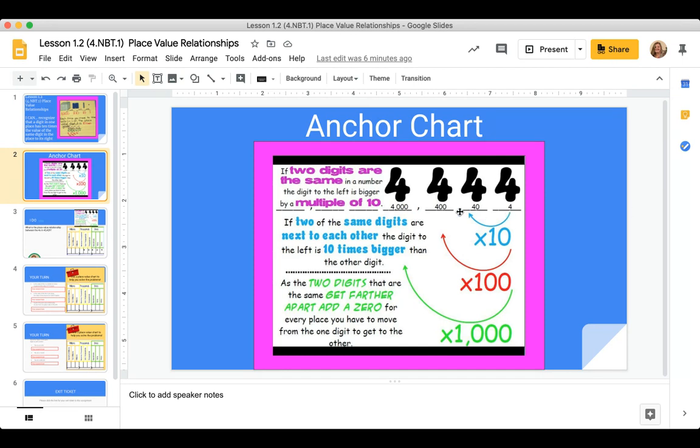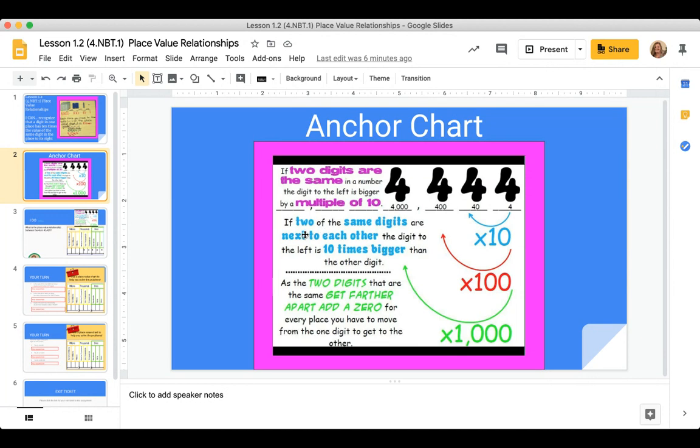Although they are the same number, they're in different place values. We have 4 ones, 4 tens, 4 hundreds, and 4 thousands. So as you move to the left each time, the value of your digit gets 10 times larger.